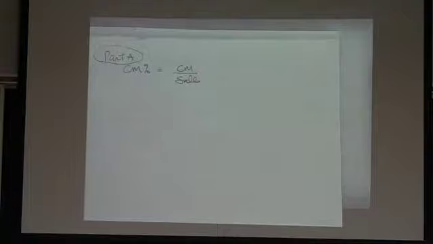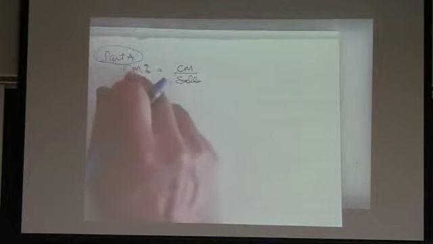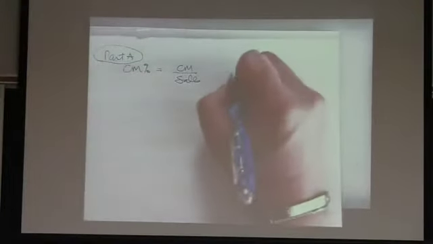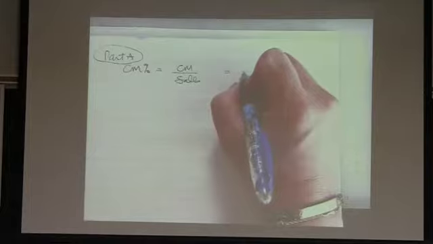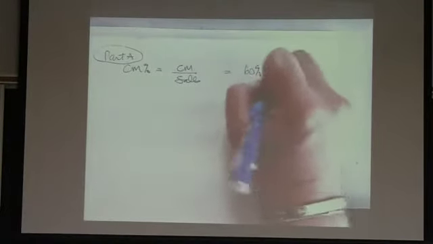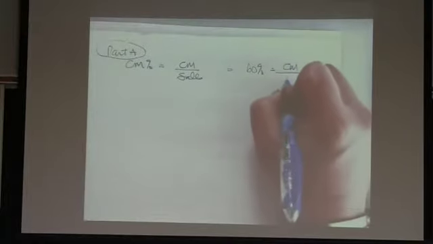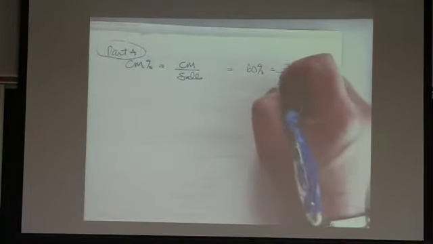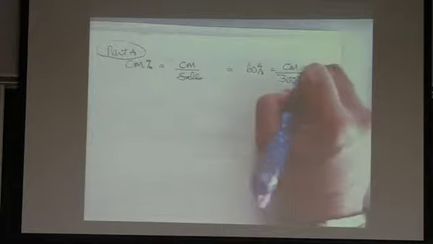So we know that revenues were given to us, and contribution margin percent was given to us. So we'll put 60% equals contribution margin over sales, which in this case is 3,000.